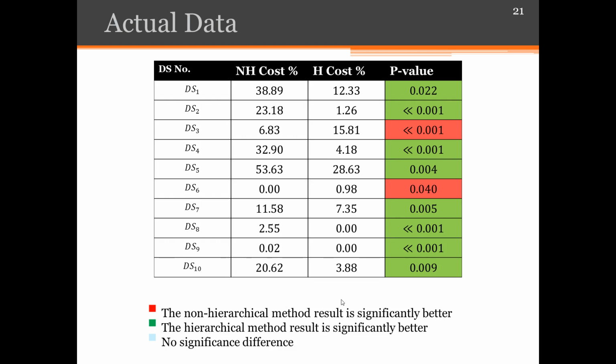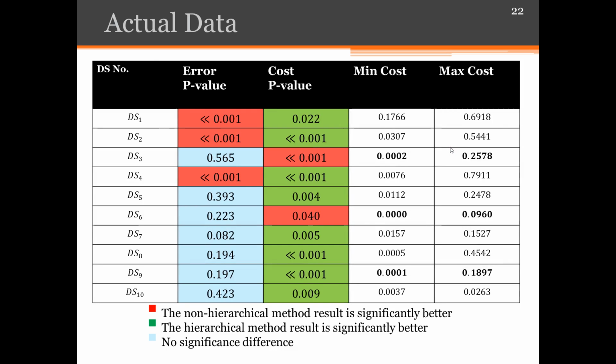In here you can see the cost rate for non-hierarchical method and hierarchical method. The red portion is where the non-hierarchical method did significantly better, and the green portion is where the hierarchical did significantly better.